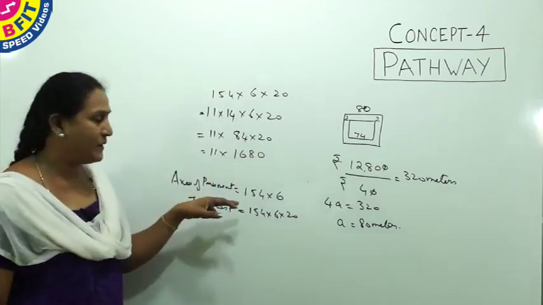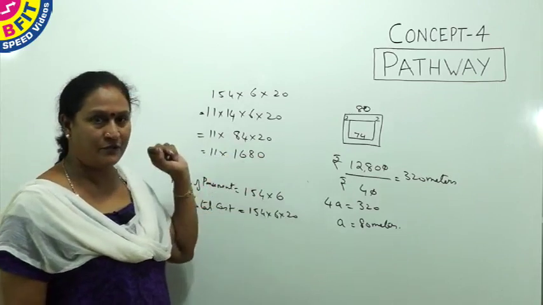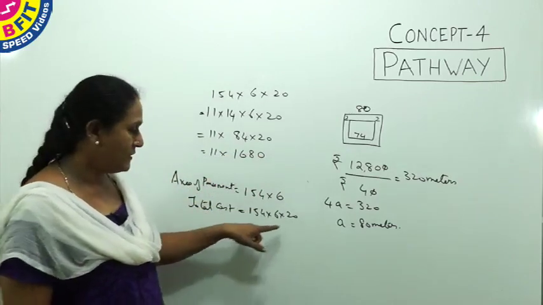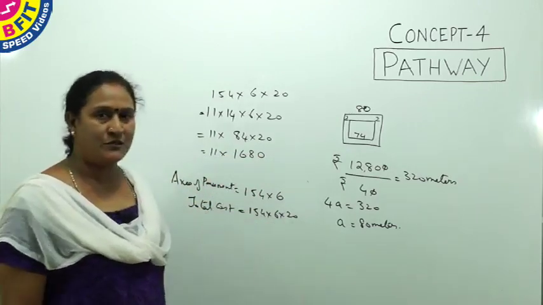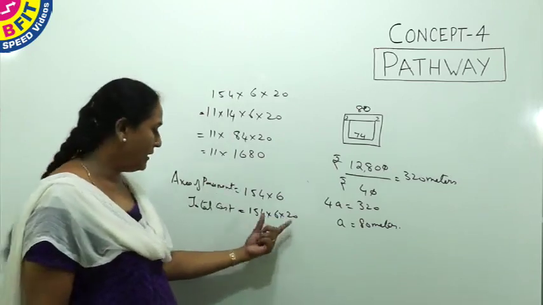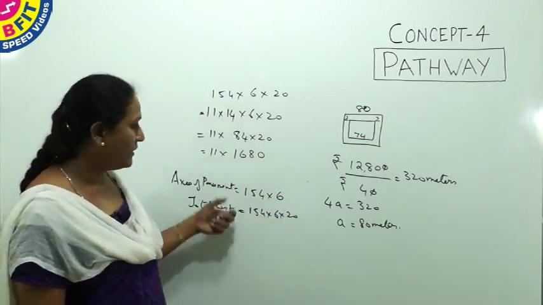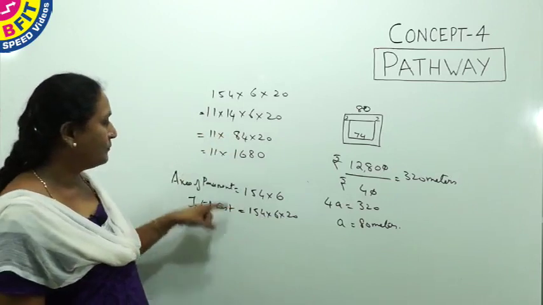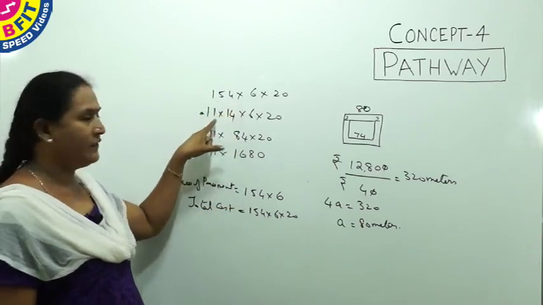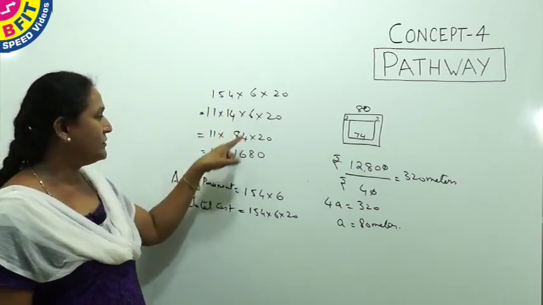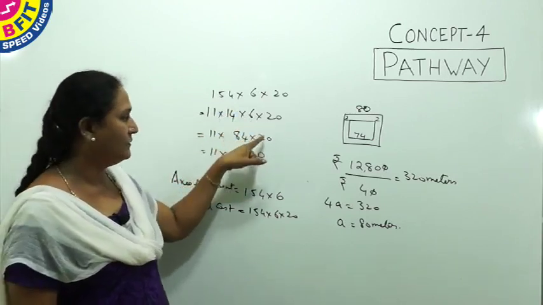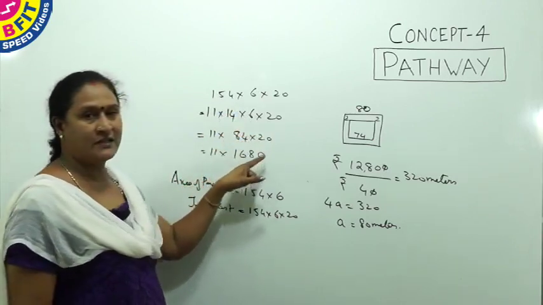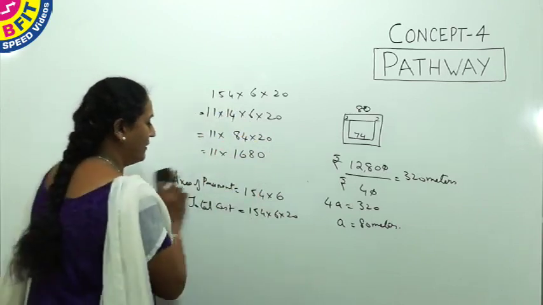So the area of the pavement we have is 154 into 6 and the cost per square meter is rupees 20, and multiplying with 20 we get the total cost. So we are making our working easier by splitting 154 as 11 into 14. So 14 into 6 is 84 and then doubling that, or into 20, it is 1680 into 11.